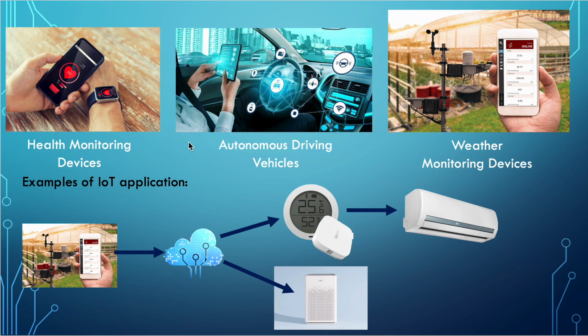Then there will be processing power inside the car to do image processing to identify which objects are in front of them, what is beside them, and whether they can move forward or not. So there's a lot of data processing going on inside an autonomous car.